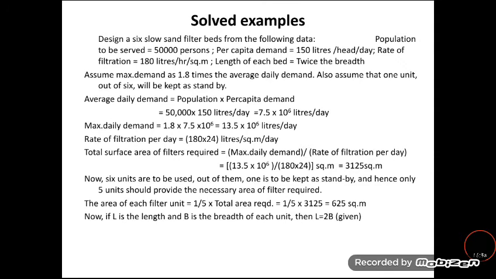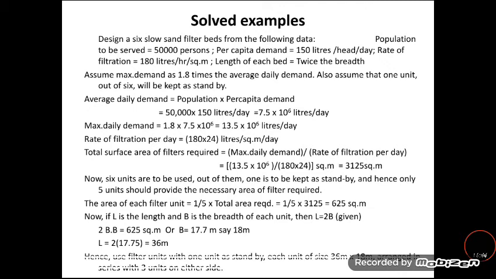Here the length is given as 2 times the breadth, that is L is equal to 2B, and by substituting this we get the values of length and breadth. Hence 6 units of filter are used, with 1 as standby. Each unit of size 36 meter by 18 meter is arranged in series with the units on either side.